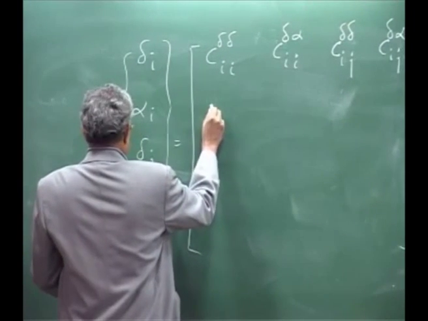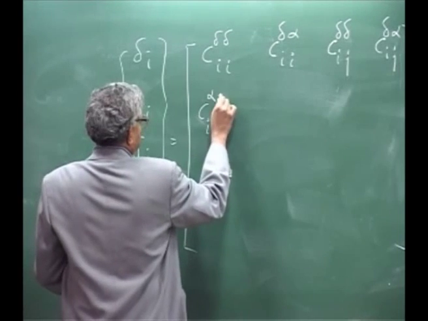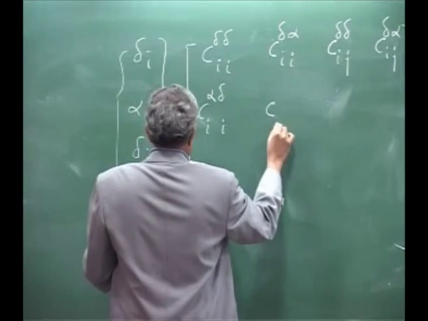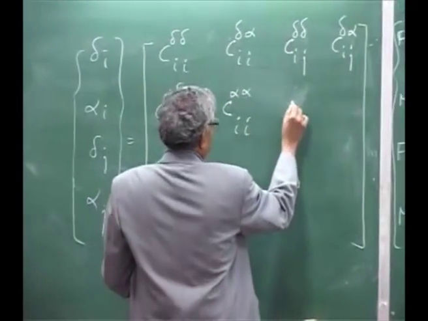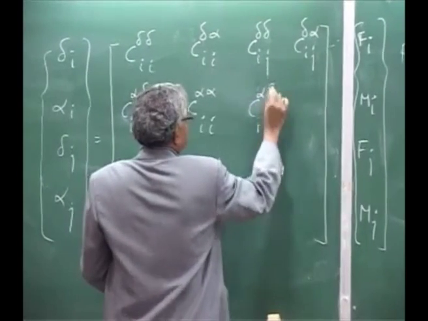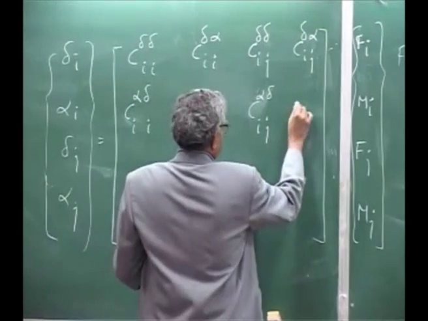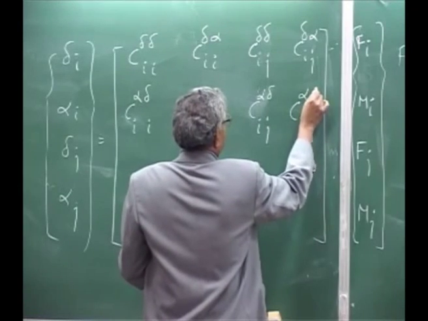You will have Ci alpha I delta, Cii alpha alpha, Cij alpha delta, Cij alpha alpha.